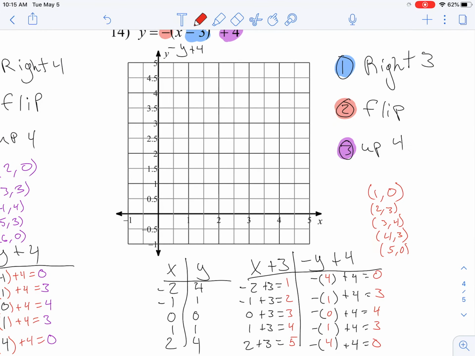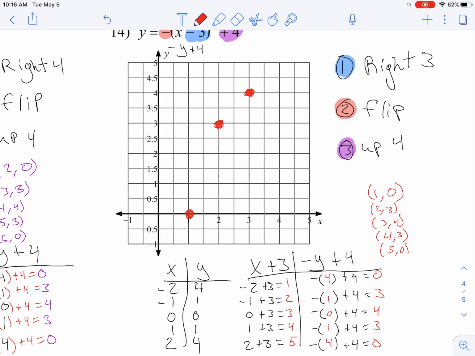So let's plot these. We're going 1, 0, which is just right there. From the origin I'm counting, I'm going to 2 and then up to 3, which is right here. I'm going 3, 4. So right 3, up 4.